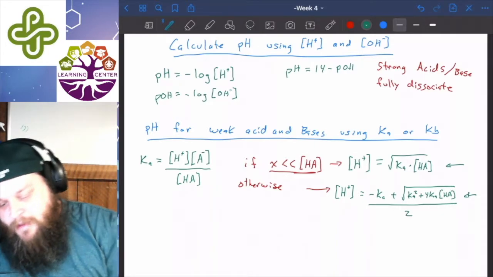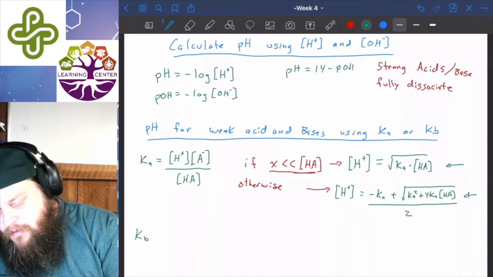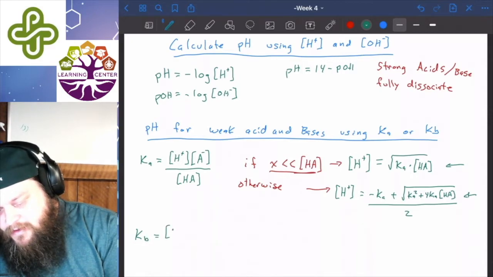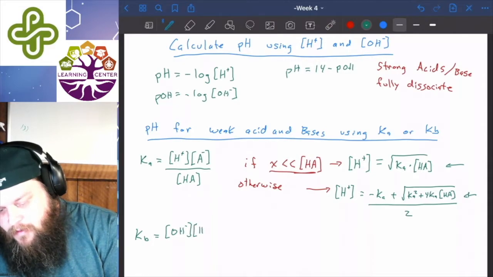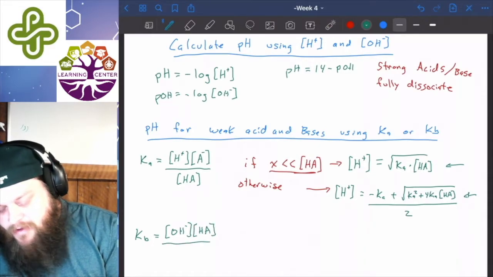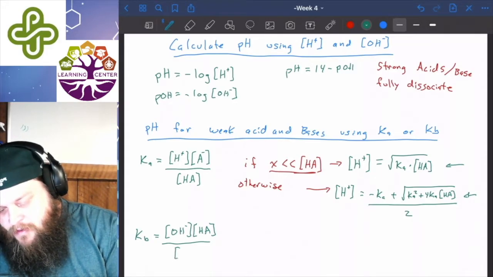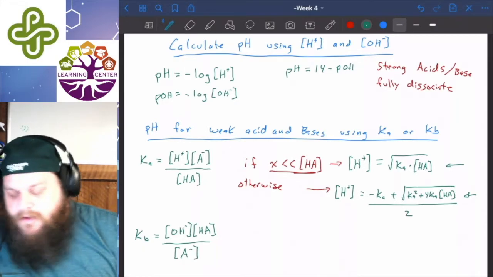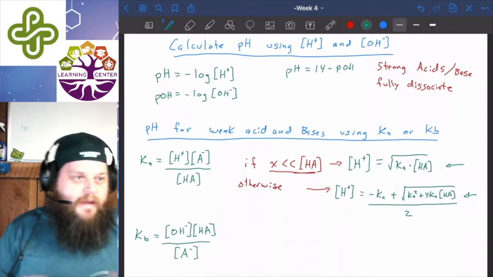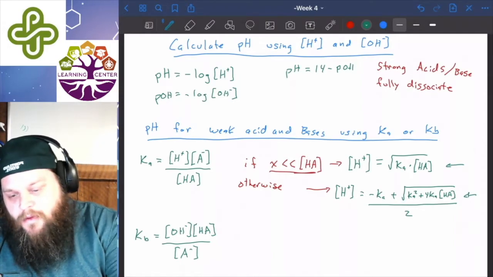We can do the same idea for Kb. This is just writing that same scenario out for Kb, where I have the concentration of hydroxide times the concentration of the conjugate acid divided by the concentration of the base at equilibrium.